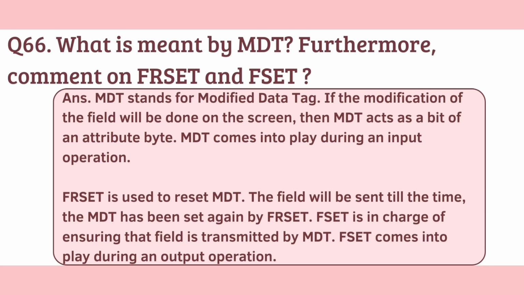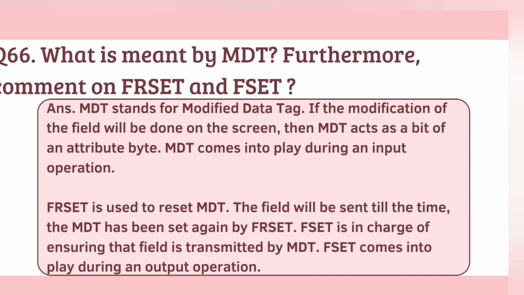MDT comes into play during an input operation. FRSET is used to reset MDT. The field will be sent till the time the MDT has been set again by FRSET. FSET is in charge of ensuring that the field is transmitted by MDT.